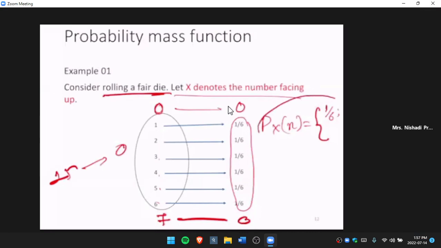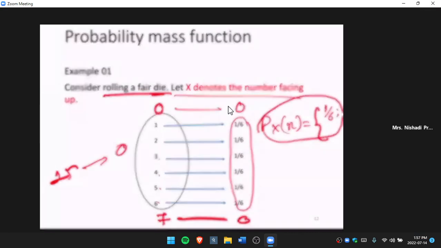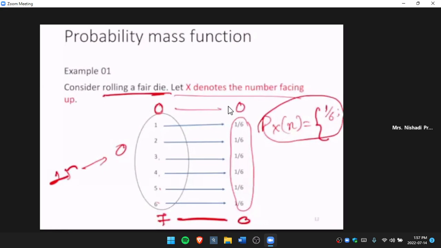Therefore, when we write the probability mass function, we write 1 over 6 if x is 1 to 6, and otherwise, the probability is 0.